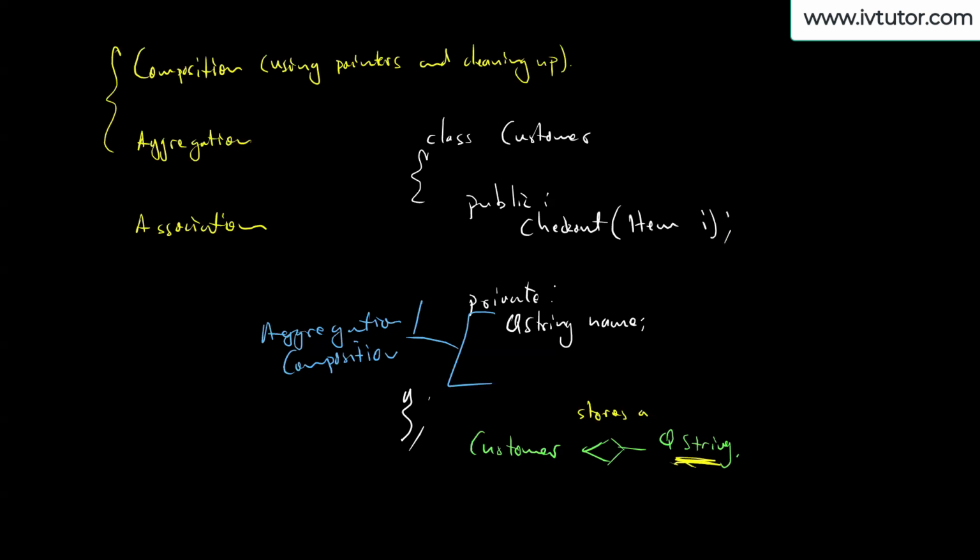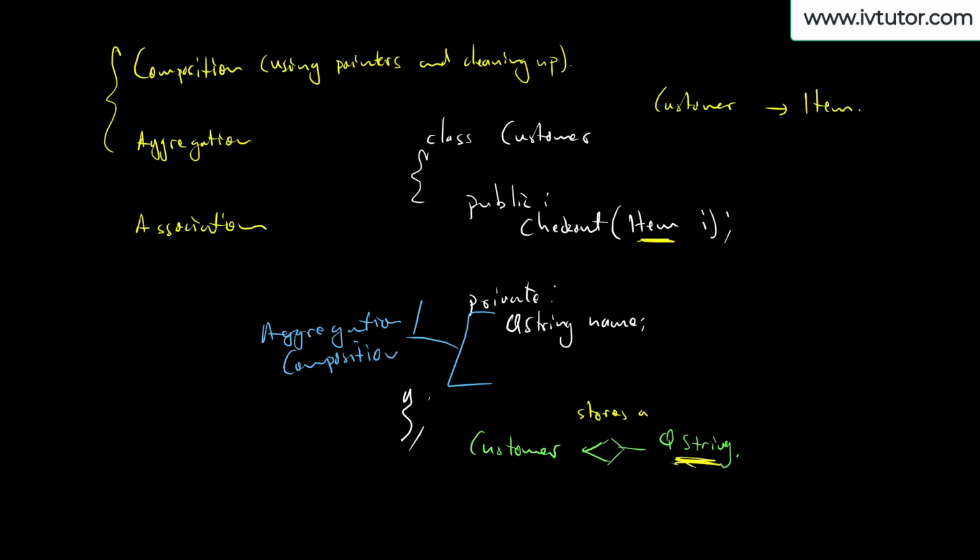As it stands now, there's no item that this class stores. But if you look within the class, it does use an item. So in other words, this class customer knows about item, even though it doesn't store an instance of item. That's association. So you can now say customer knows about item. It doesn't keep an instance of that class, but it knows about it. It's used somewhere within the functions.